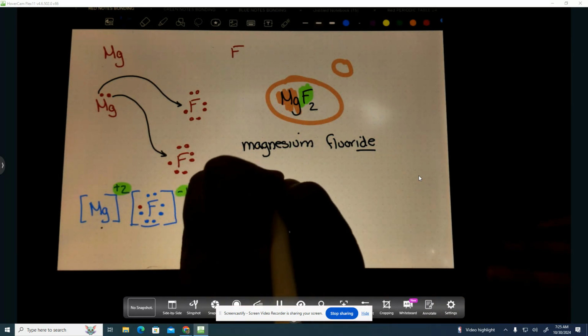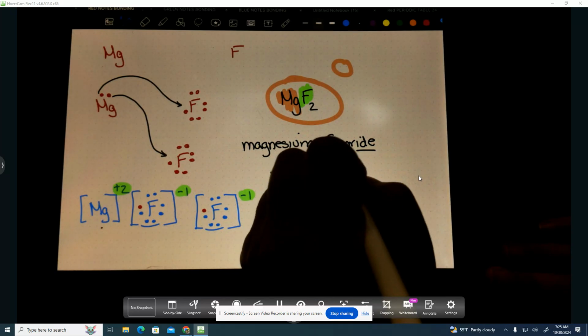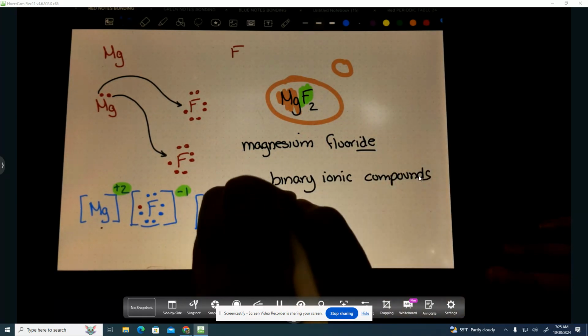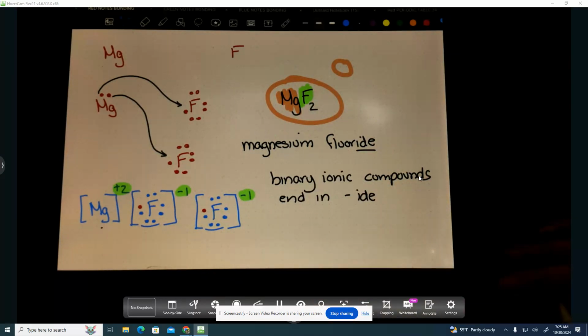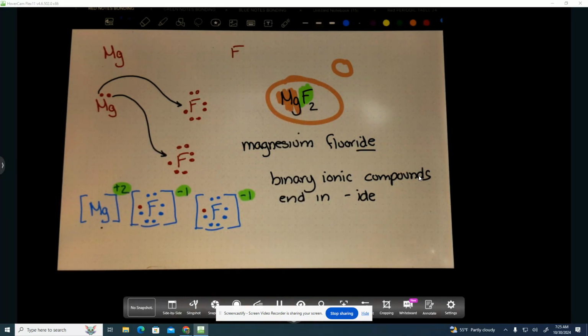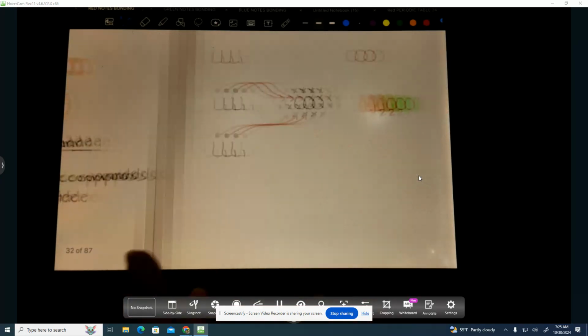So binary ionic compounds end in IDE. So this now is known as magnesium fluoride. Not magnesium and fluorine, it's magnesium fluoride, telling us that they have combined. Okay? Alright, let's go to the next one.